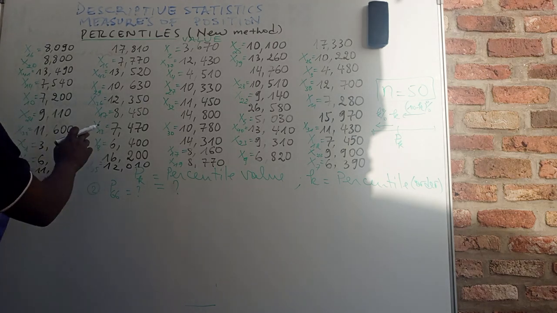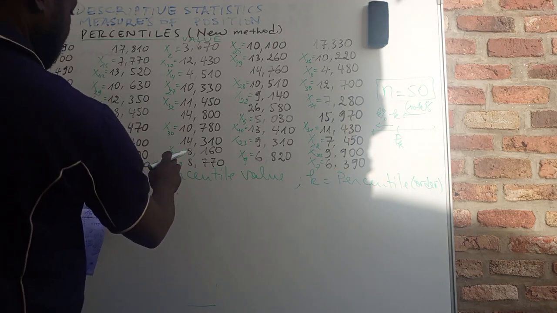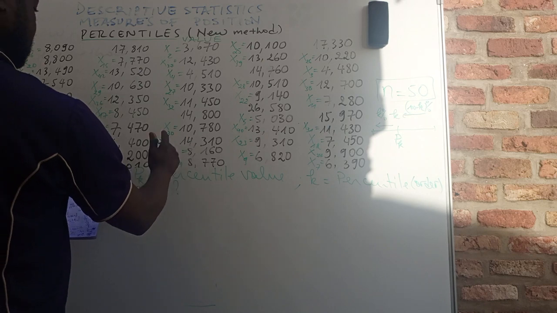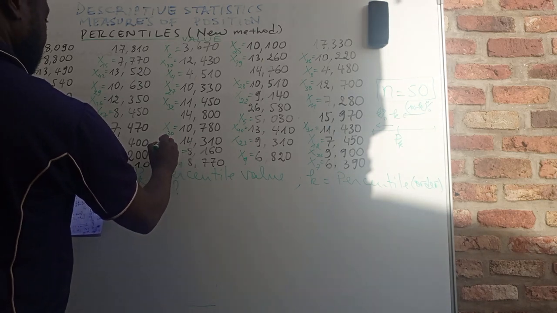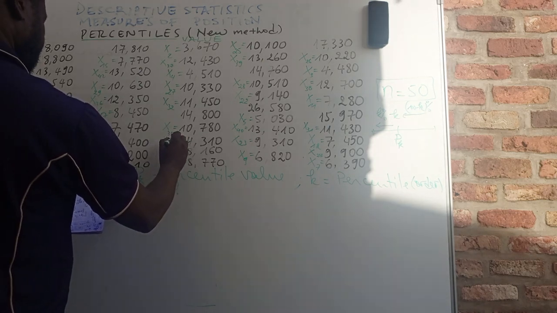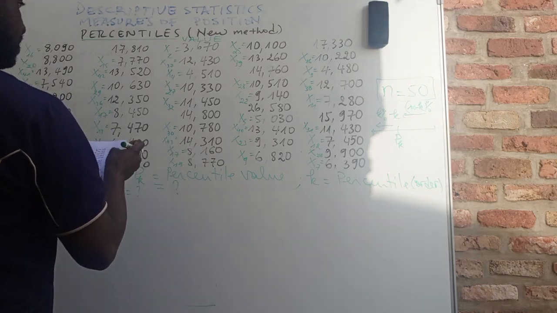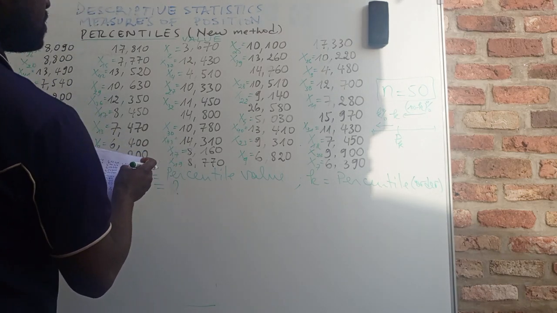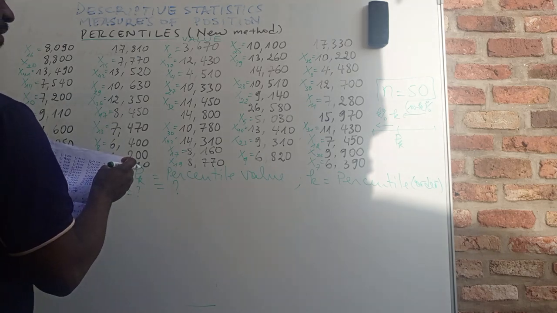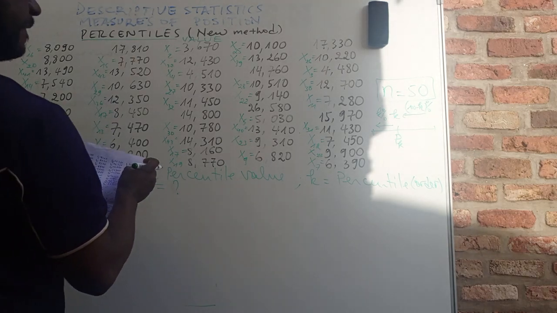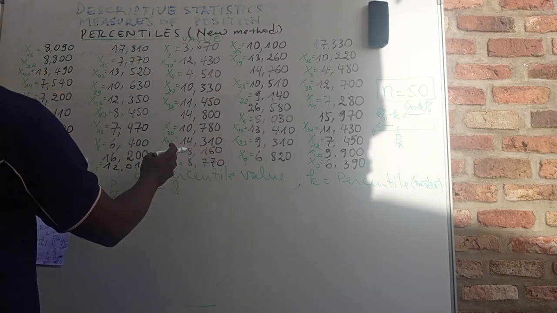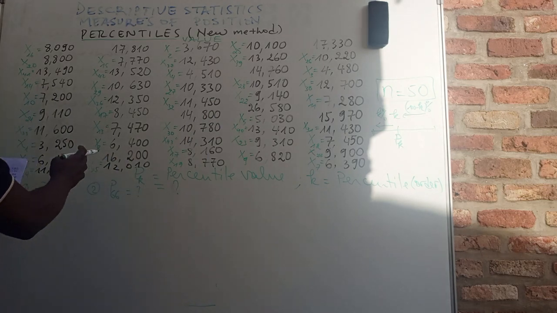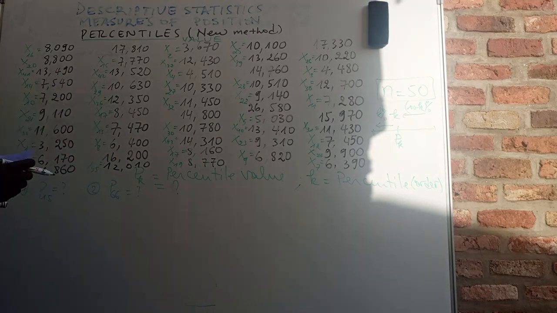So for this we are left with these two. For this, I think it is this one. x sub 43, coming from x sub 42. Okay, so I think I have mentioned it.